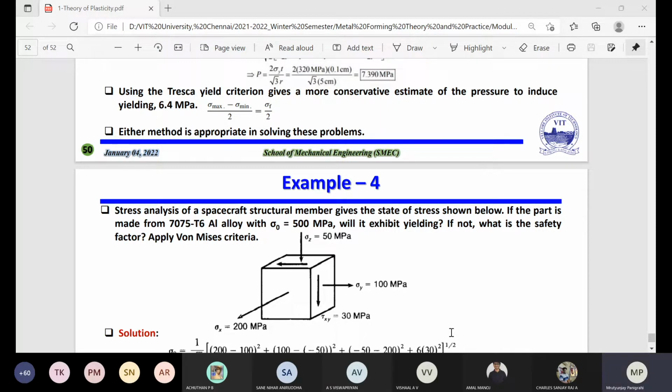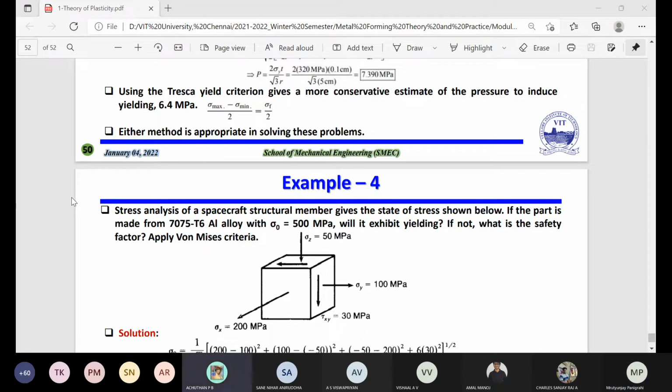So how much is sigma 1 minus sigma 2? So maximum minus minimum. So how much? 200 minus 100, right? Yes, sir. Then next one, sigma 2 minus sigma 3, right?